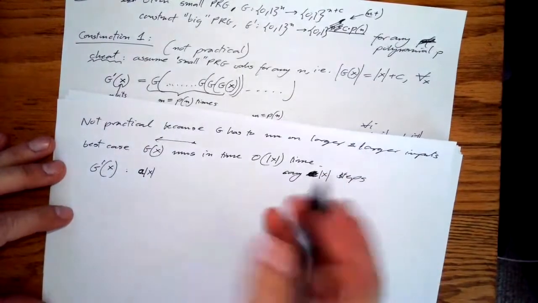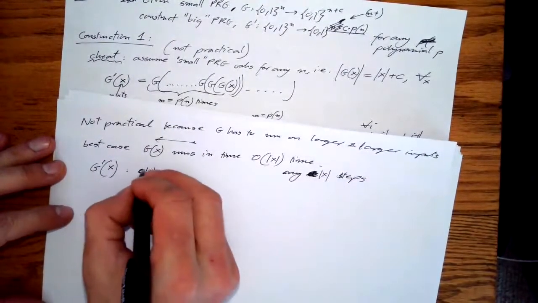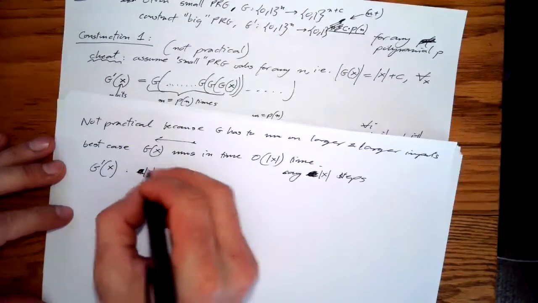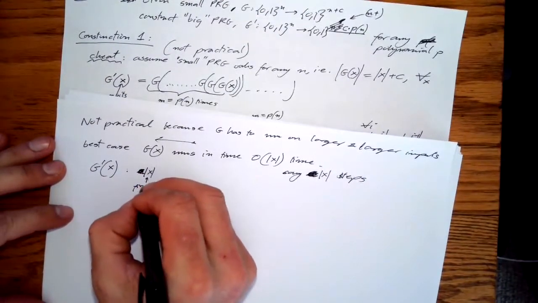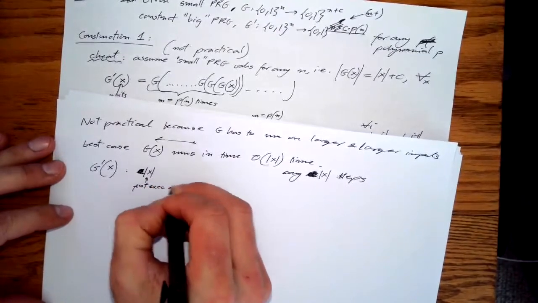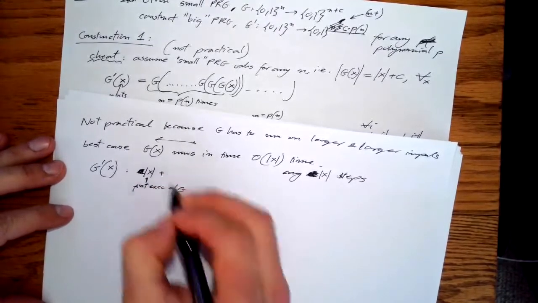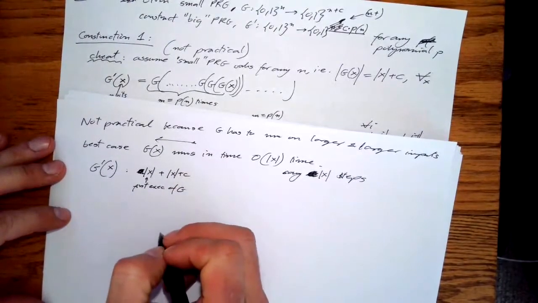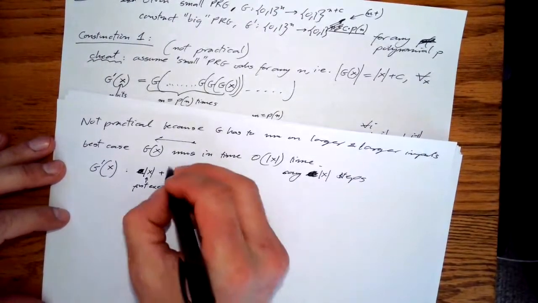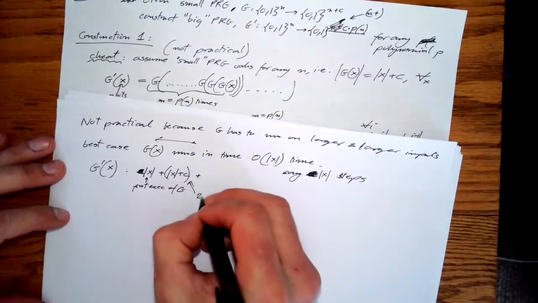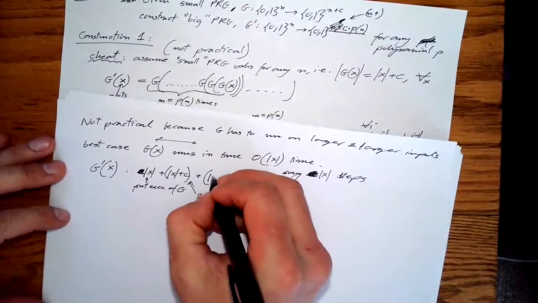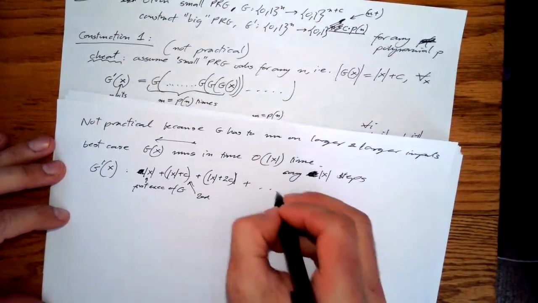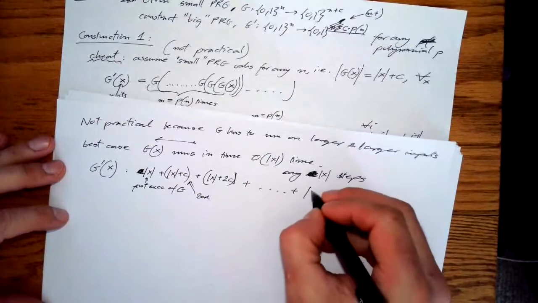Let's just take the easiest linear function, just the input itself. So this many steps for the first execution of G. The next execution runs on X plus C string, right? The next one, so this is the second, runs on X plus 2C, and so on.